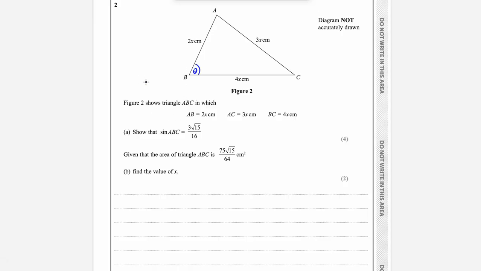So using the cosine rule: 3x squared equals 2x squared plus 4x squared minus 2 times 2x times 4x times cos of theta.